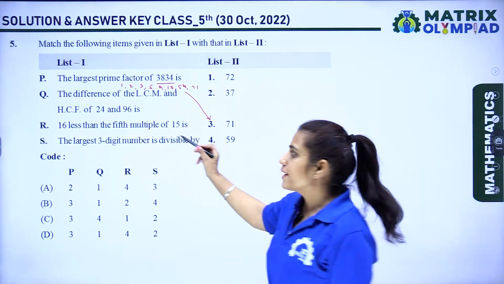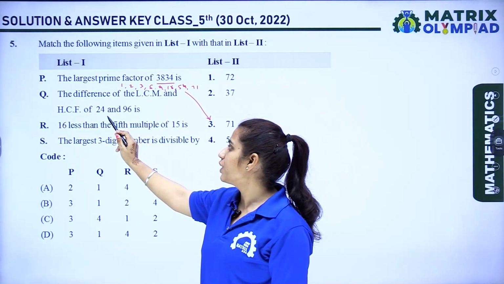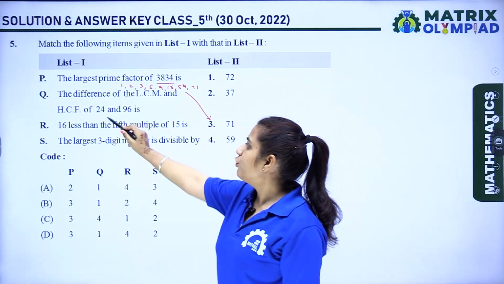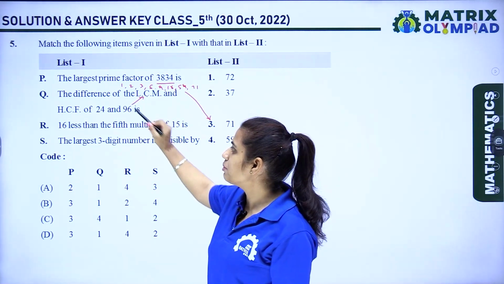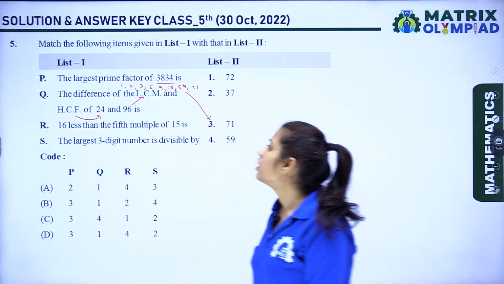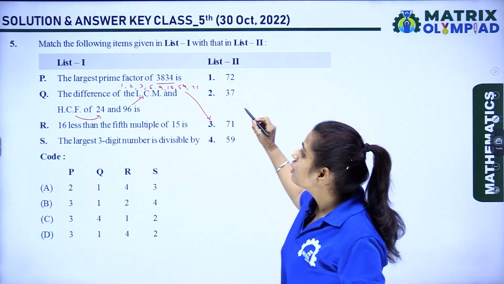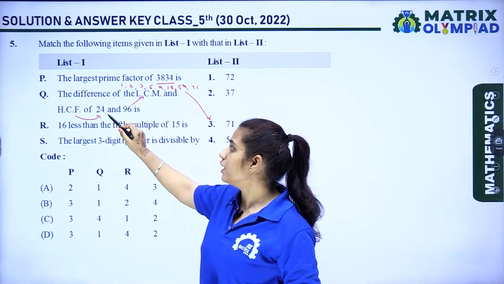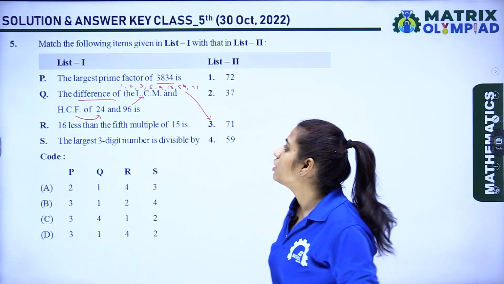Now, the second is the difference of LCM and HCF of 24 and 96. Here, LCM of 24 and 96 is 96. So, LCM is 96 and HCF is 24. What we are going to do here is subtract 96 and 24, as we are given the difference.